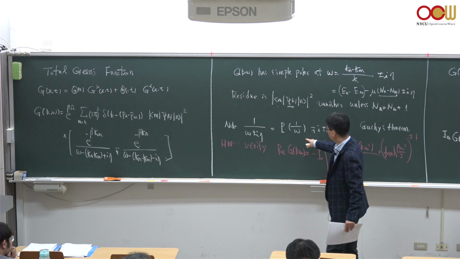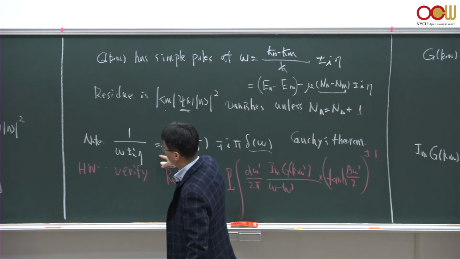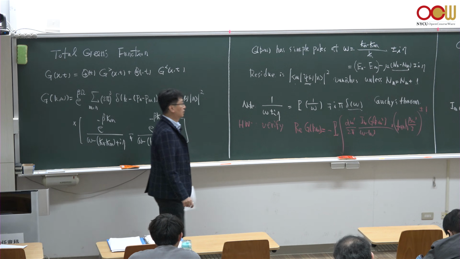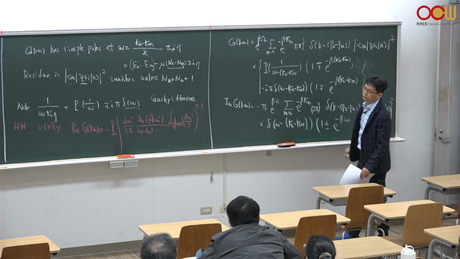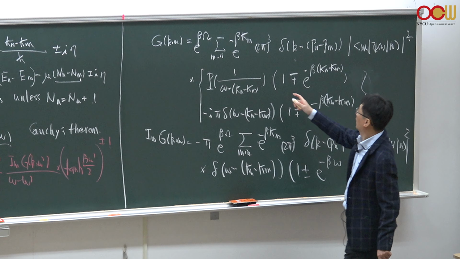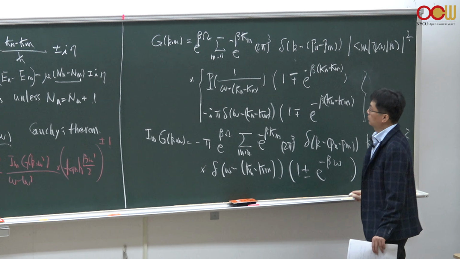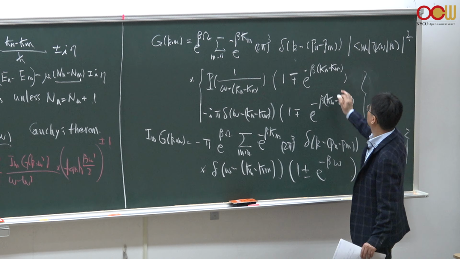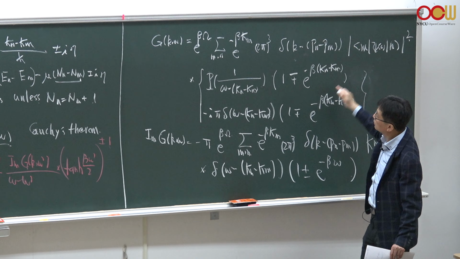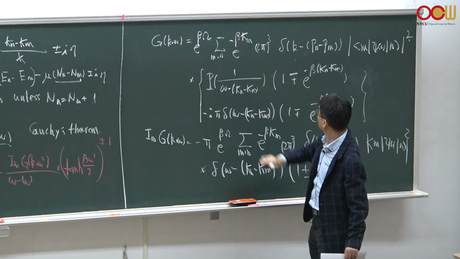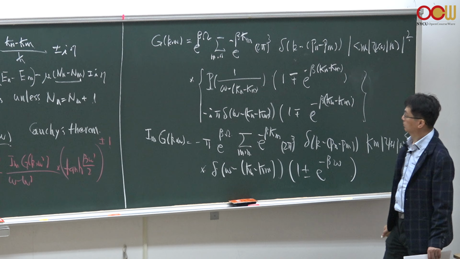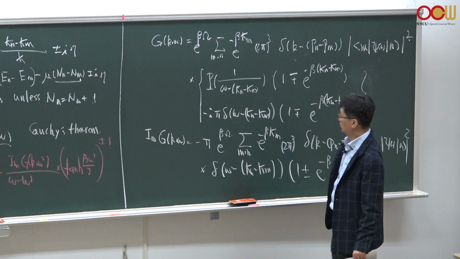So you can plug this Cauchy's theorem back into this simple pole, and you could derive the full expression, which separates the real part from the imaginary part, and you get this expression here. Okay, so the real part contains the delta function, which conserves the momentum, and the residue, and also the thermal factor and the principal value, and there's another thermal factor right there, and minus or plus this imaginary part.